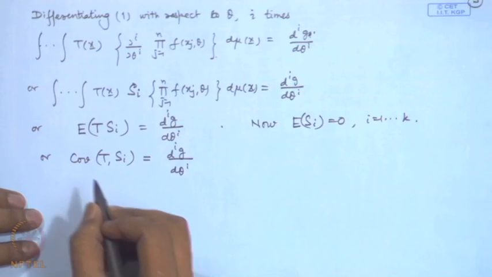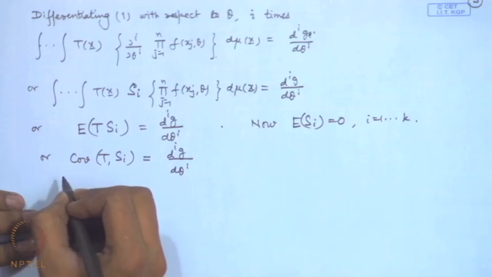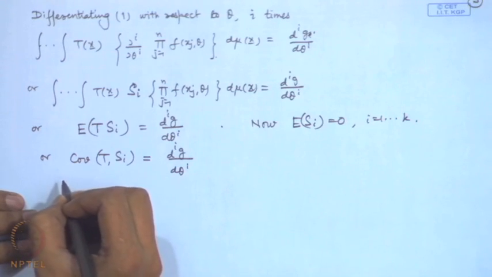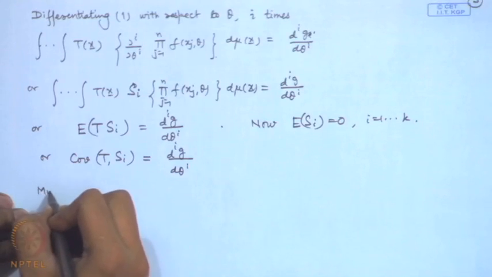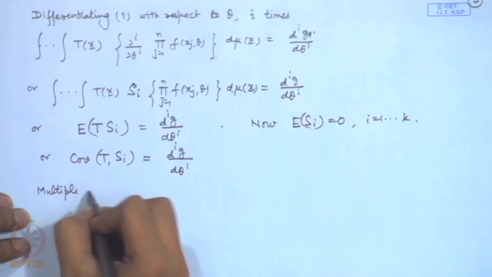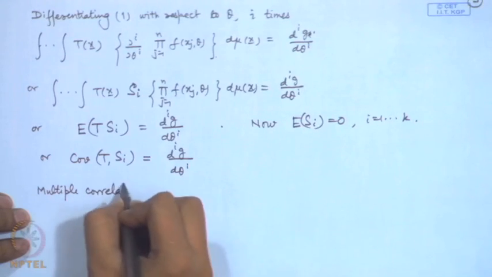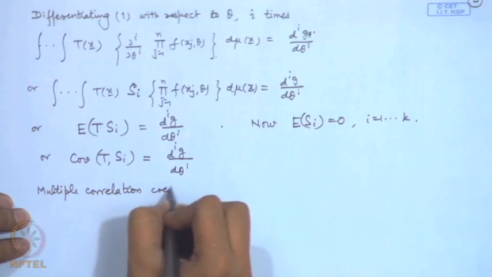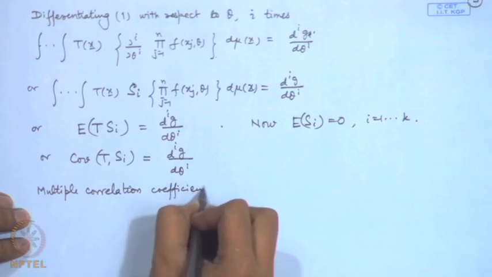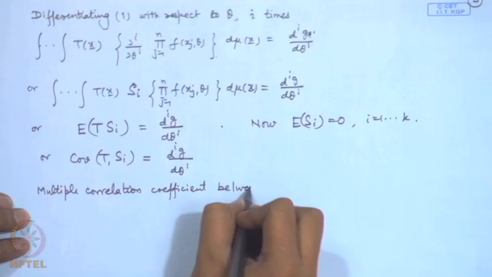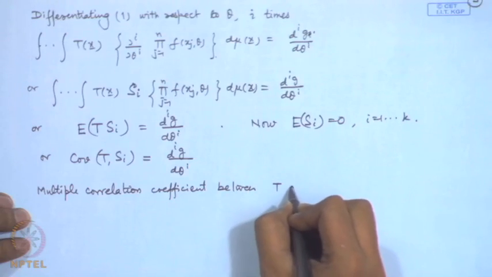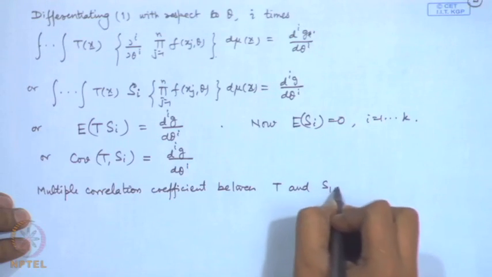So, now let us consider the multiple correlation coefficient between T and S 1, S 2, S k.